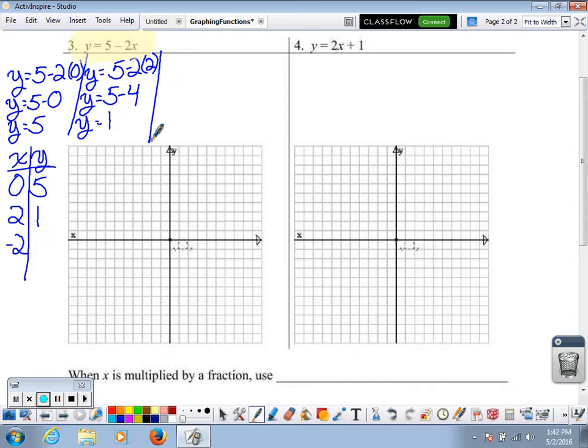Okay? Then we'll do the exact same thing for negative 2. Okay? Scott, can you substitute negative 2 for us, please? Y equals 5 minus 2 times negative 2. Very good. Okay? And Bergie, what's 2 times negative 2?